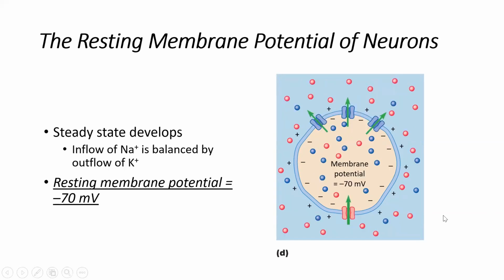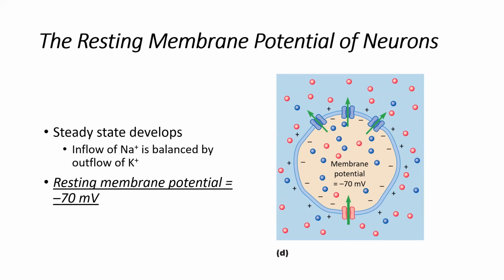And so after all of the movement of both of these ions, so now we're looking at both of the ions moving according to their electrical and chemical gradients, the ions get to steady state. This is where the influx and the outflux are balanced. That's what steady state means, where we no longer have a net flux in either direction, but the movement is just being balanced out here.